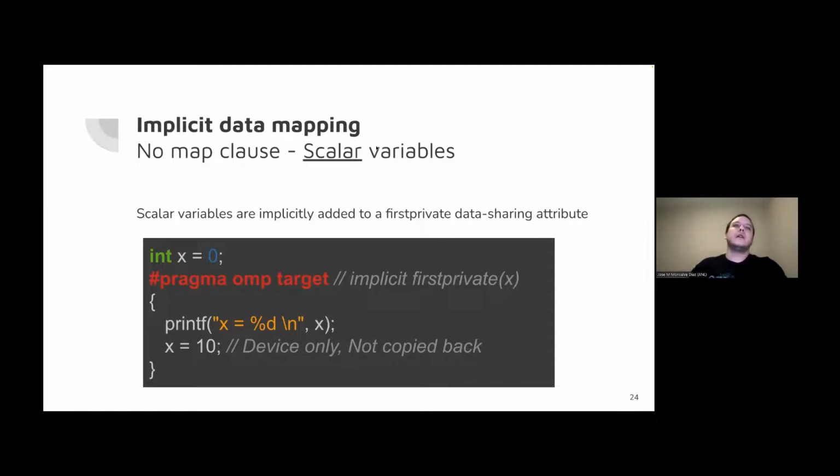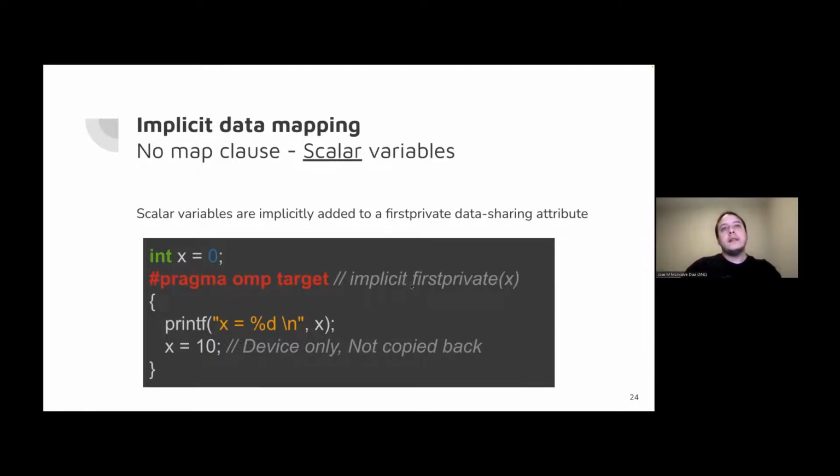Scalars are integer, floats, doubles, all those data types that you basically use, like the basic data types. Every time you have a scalar variable inside of a target region, and that scalar variable is a standalone, it's not, for example, part of a class or part of a struct, right? It's just a single variable located in the stack, for example.